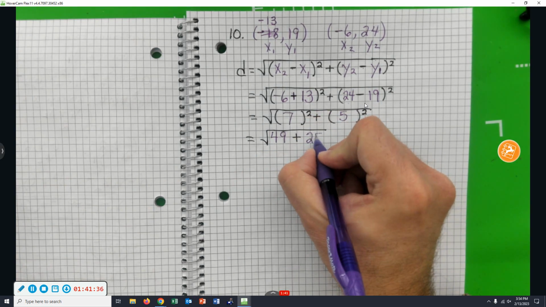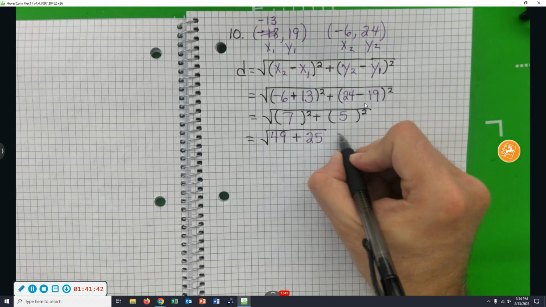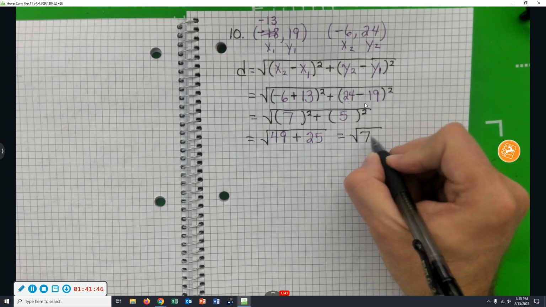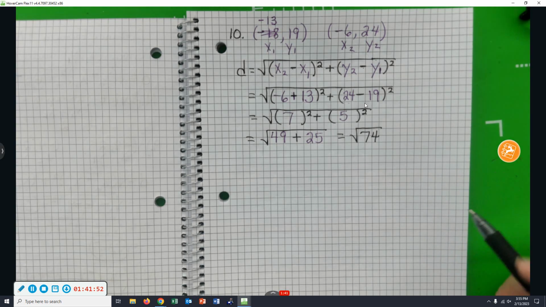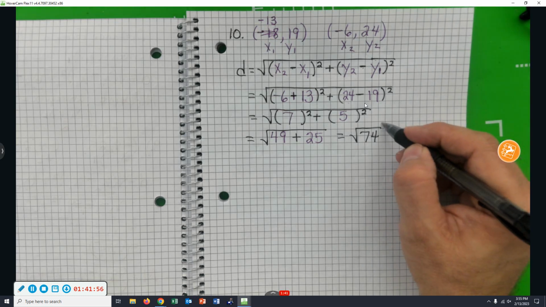Are we going to get a 64? Oh, no. I thought for a second we were going to get a 64 under there. It's going to be a 74. So does it simplify? No. 2 times 37, aren't those the only numbers that will give you 74? Both of those are prime, so.